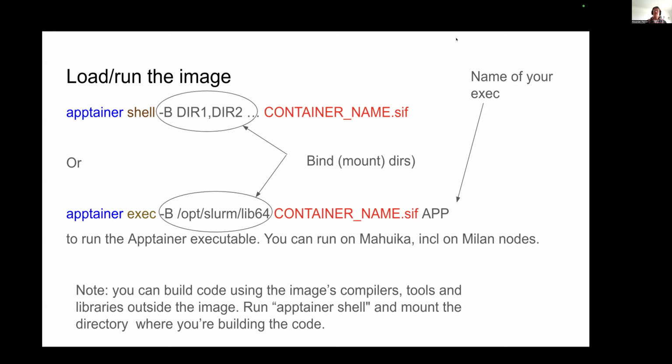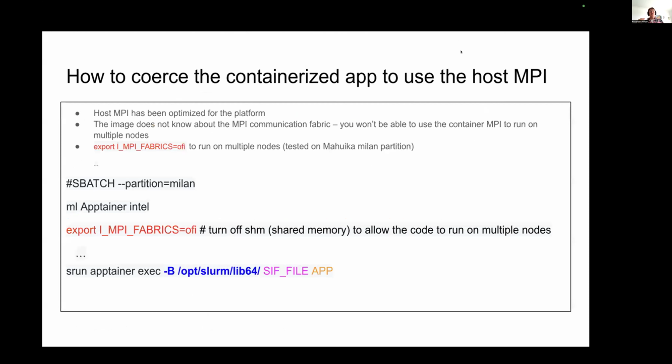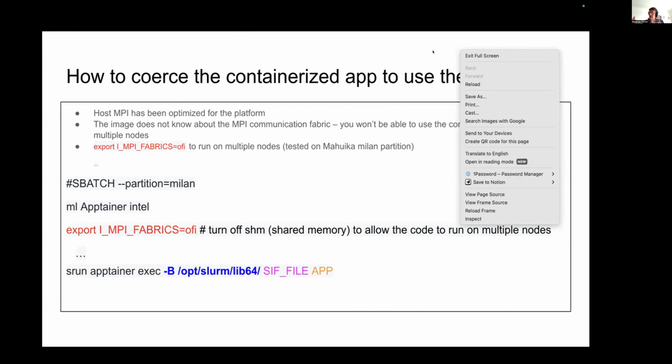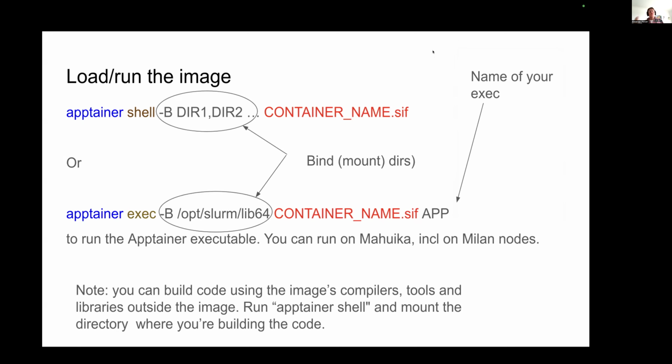So it takes an additional argument, which is the app here, and that could be that ESMF coupler, a coupled model executable. Now, the nice thing is that when you do exec or shell, it's going to mount a number of directories in the file system, and these would be the no backup and the project directories, so you can still access your data and everything. Next, please.